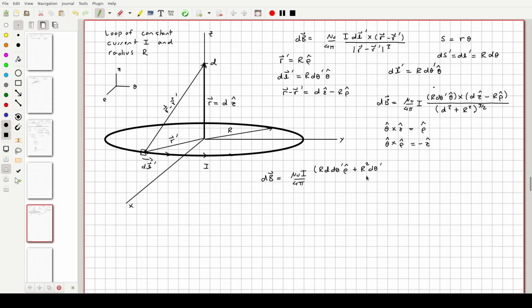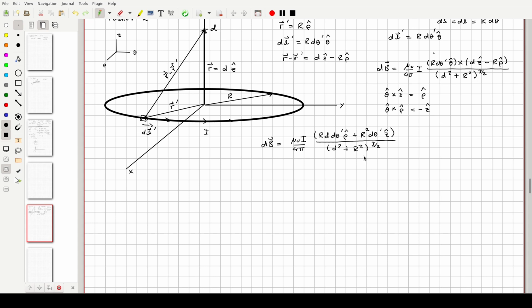The minus turns this into a positive and then puts a z hat right there. In the denominator, we still have d squared plus r squared raised to the 3/2 power.